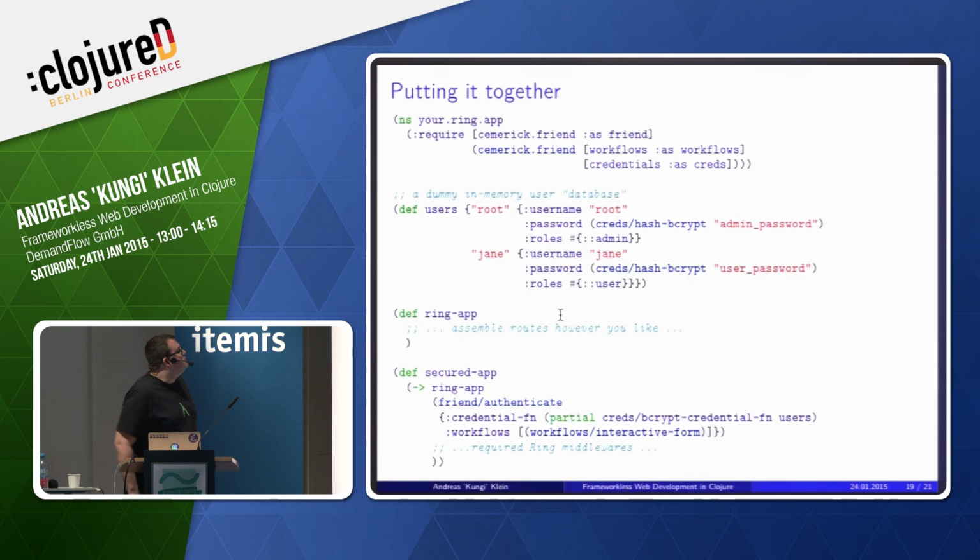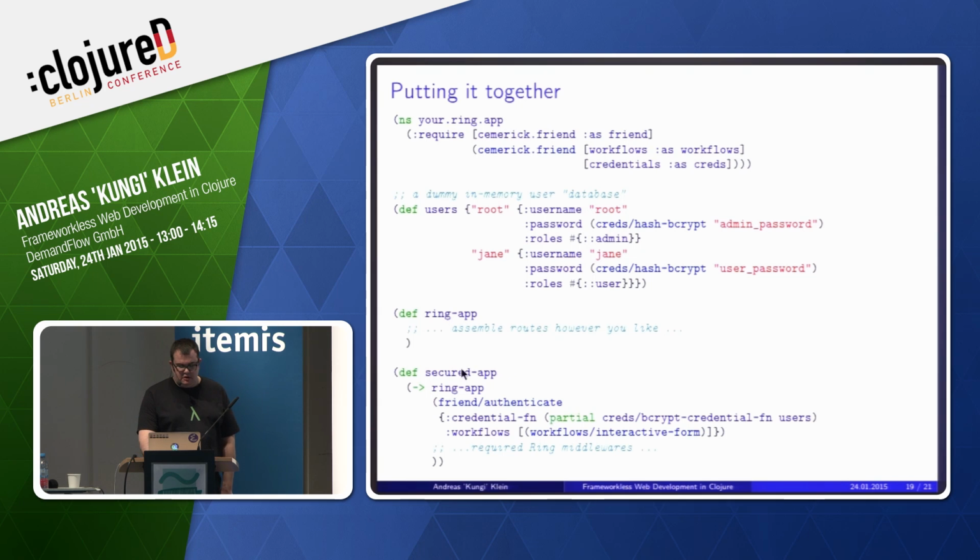So how do you put all this together? Easiest way is, in this case, to use a dummy in-memory database where we have two users, root and Jane. Both have passwords, both have roles in these sets here. We have some kind of Ring application, which is not specified in this case, and we want to secure this.